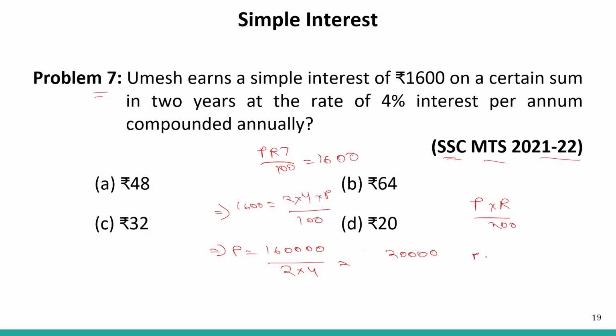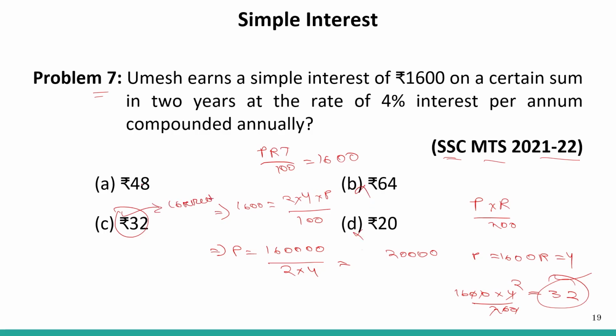So P is equal to 1600, R is equal to 4. The difference will be 1600 into 4 by 200, which is equal to 32, because cancelling, 16 into 2 is equal to 32. So 32 is the correct answer.